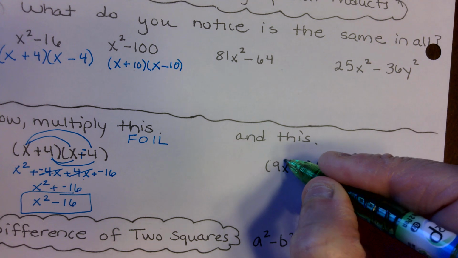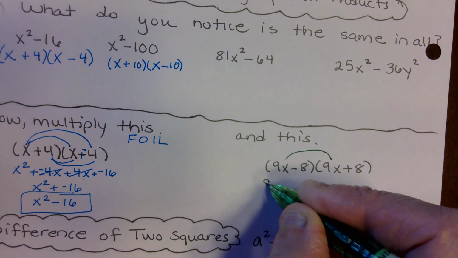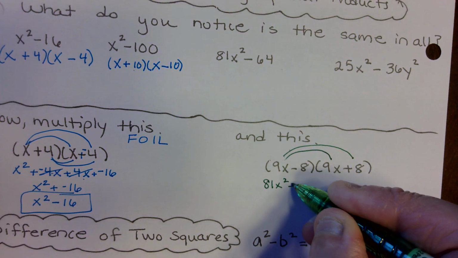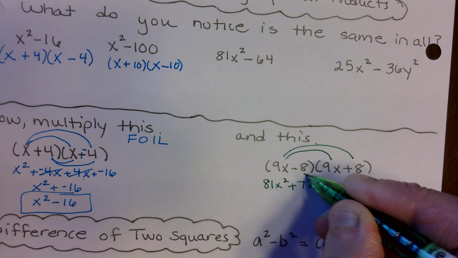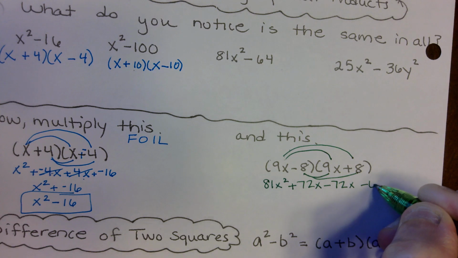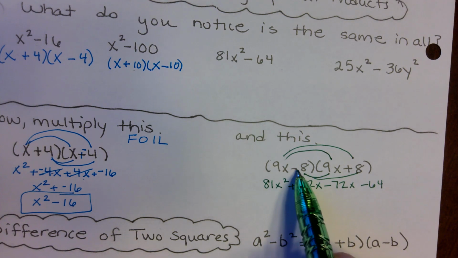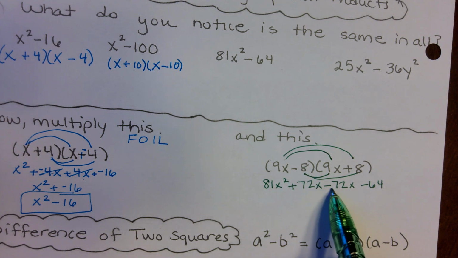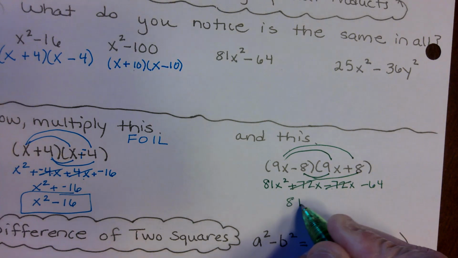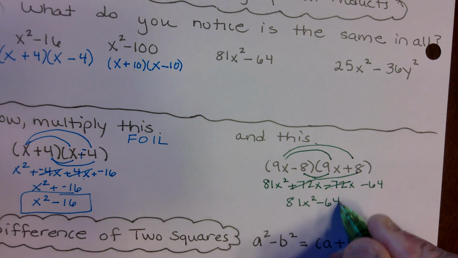Pause it if you need more time. 9x times 9x is 81x squared. 9x times 8 is 72x, minus 72x, minus 64. Of course, you can change that to plus a negative if you want. Gone, and we're left with 81x squared minus 64.